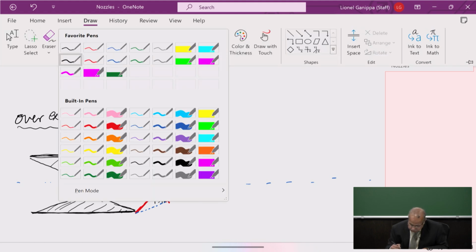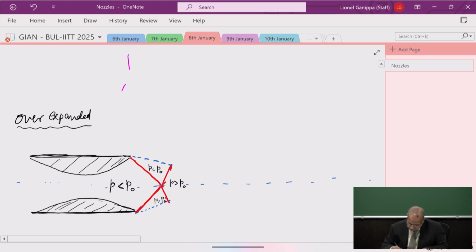When the pressure is greater than P naught, you end up in the formation of an expansion fan.